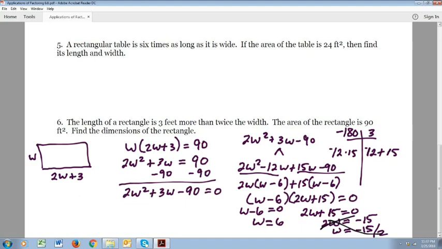So in this problem, the width is 6. And we can find our length by plugging in the 6 for the width. 12 plus 3 is 15. So our width is 6 feet. And our length is 15 feet.